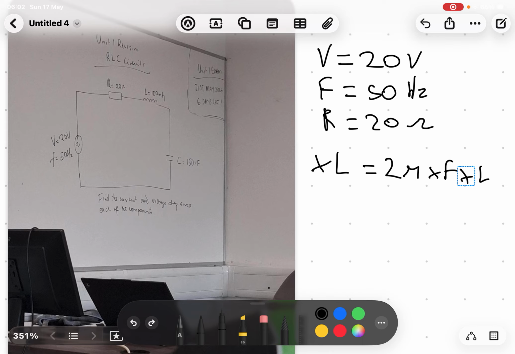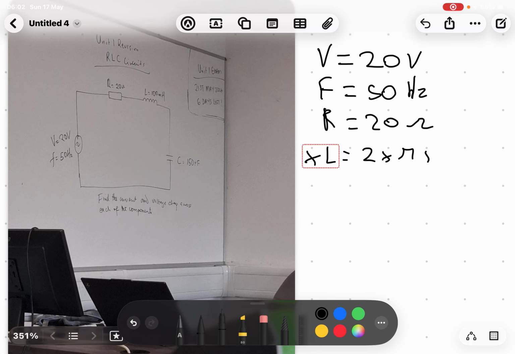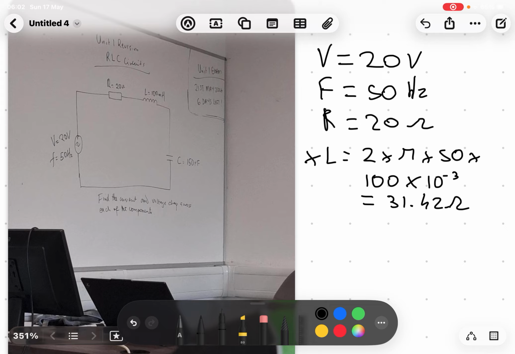So we just times all the stuff together. So basically, 2 times pi times 50 times 100 times 10 to the power of minus 3, because that's what milli is. And this all equals 31.42 ohms. After that, that's all that we need.